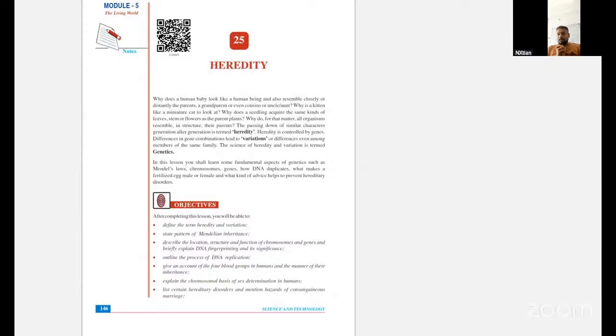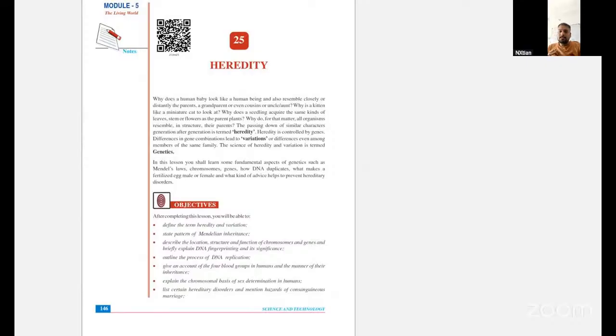Like we used to say that the smile of Zoe is like his father, or the eyes look like her mother. So this is called heredity, in which the characters get inherited from the parents to the offspring, because offsprings came from parents only.